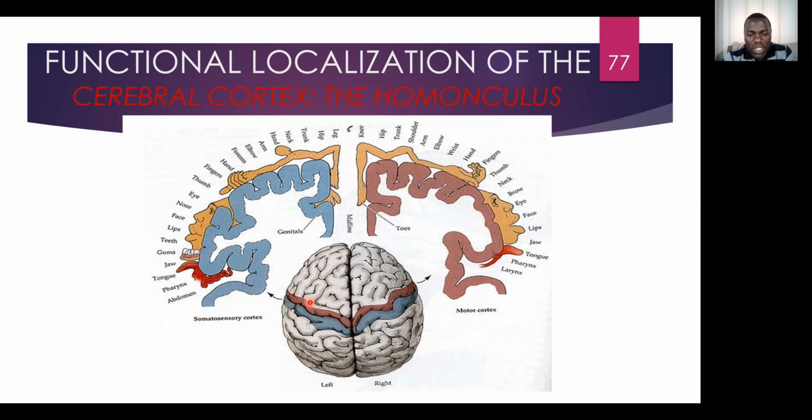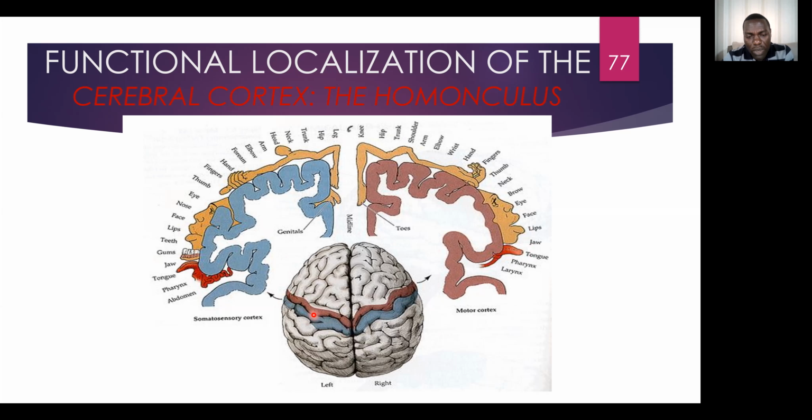We've mentioned that the Precentral Gyrus is the primary motor cortex, and that the Post-Central Gyrus is the primary somatosensory cortex. So the implication is that the Pre-Central Gyrus controls skeletal muscles to initiate movements, and the Post-Central Gyrus perceives sensations from different parts of the body.